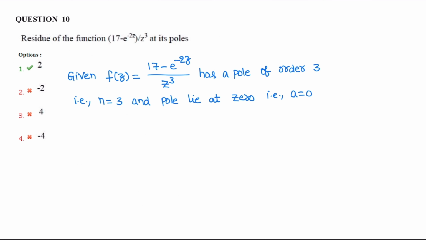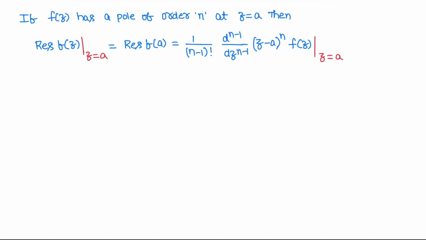Next question. Residue of the function (17 minus e power minus 2z) by z cube at its poles is. The formula to calculate the residue: if f of z has a pole of order n at z is equal to a, then residue of f of z at z is equal to a is 1 by (n minus 1) factorial, d power n minus 1 by dz power n minus 1 of (z minus a) whole power n f of z at z is equal to a.